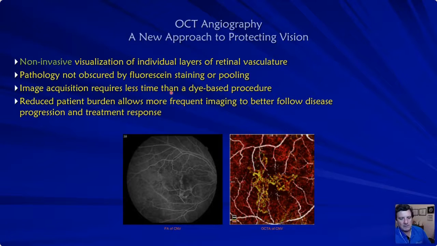How it works is the OCT on these new instruments. So you heard me talk about time domain, and then there was spectral domain. The early generation spectral domain scanned at about 30,000 scans per second. These newer generations, 70,000 scans per second.